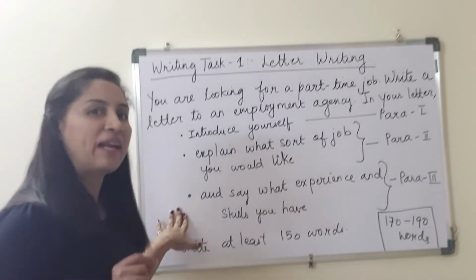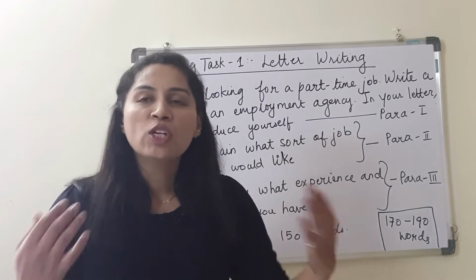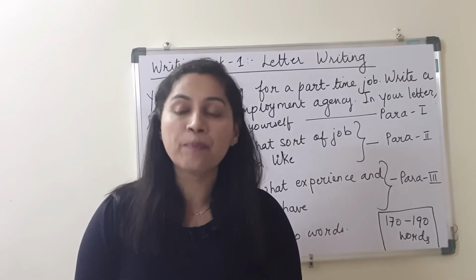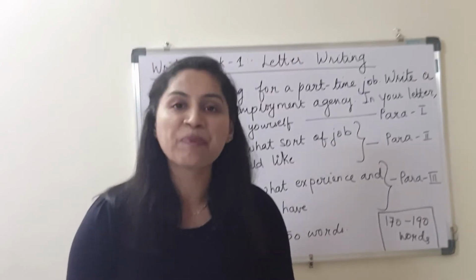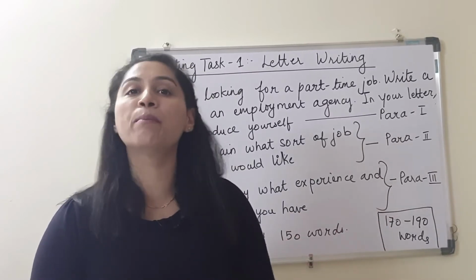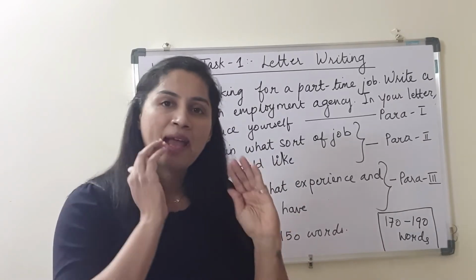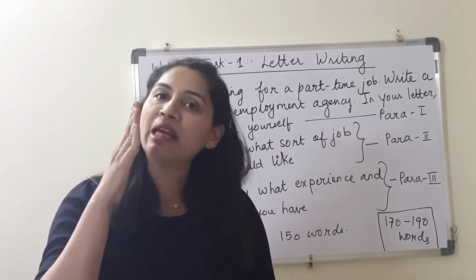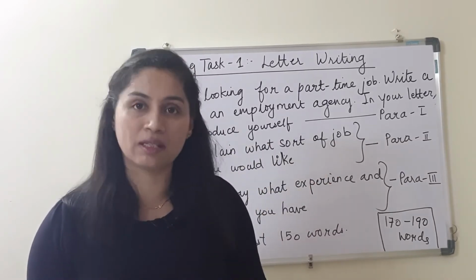After that, we have the third paragraph: say what experience and skills you have. Here I can also say that I do not have any experience, I am a fresher, but I have participated in many projects or teaching practices when I was in my graduation college, or doing my undergraduate program. I can describe it in my own way, whether I am a fresher or have an experience of 5 years or 10 years, describing the experience level and the experience at different places.